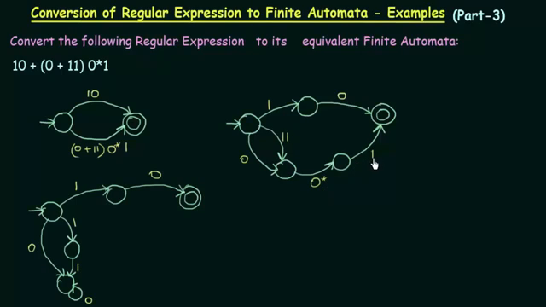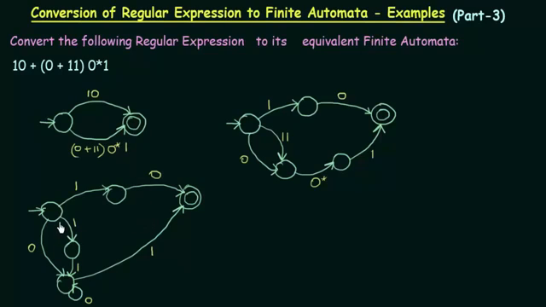After that we have this one following it, so from here we will send it to this final state on getting the input 1. Now we see that there is only one input symbol associated with each transition. So we have successfully designed the finite automata for this regular expression.